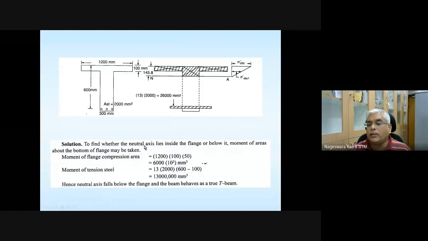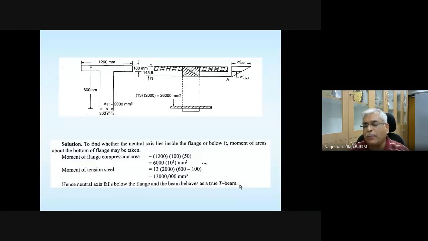To find whether the neutral axis lies inside the flange or below it, the moments of area about the bottom of the flange may be taken. So whatever I explained to you, okay? Since the moment of tensile steel is more than the moment of the flange compression area, the neutral axis falls below the flange, and the beam behaves as a true T-beam.